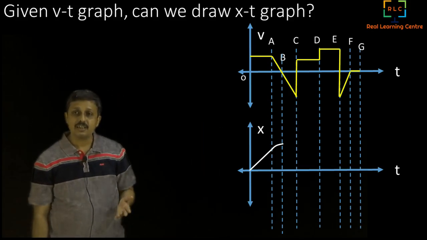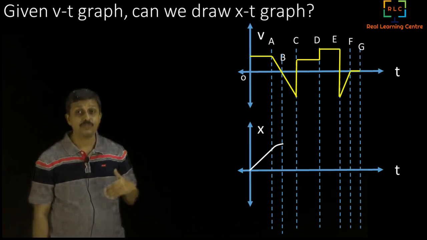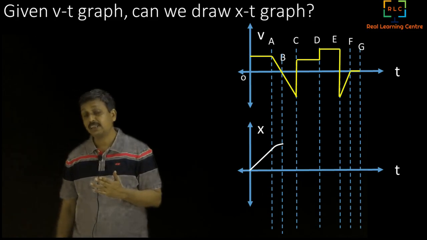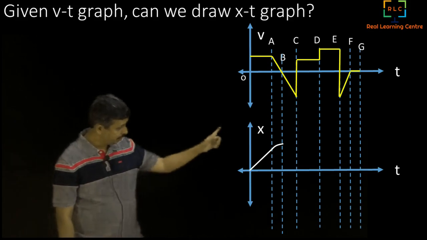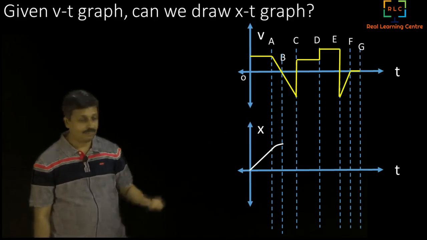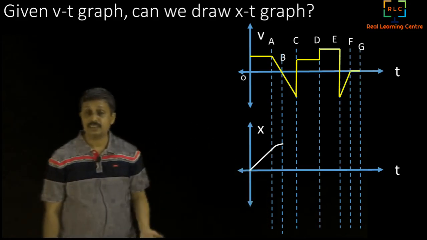From B, the velocity is now going to be negative, and not only negative, it is increasing in negativity. That means from now onwards on the XT graph, x should be decreasing because velocity is negative.